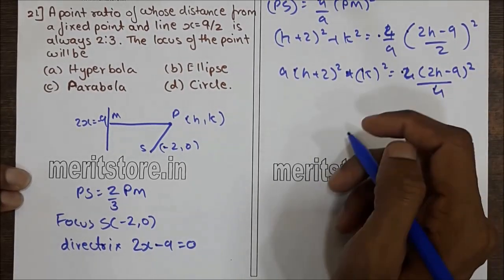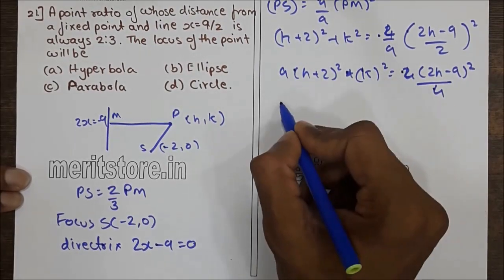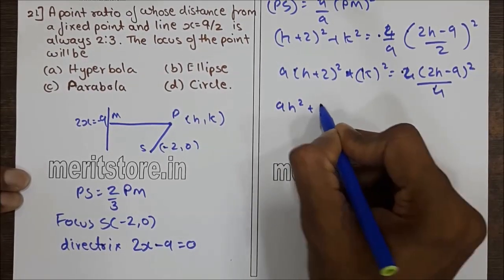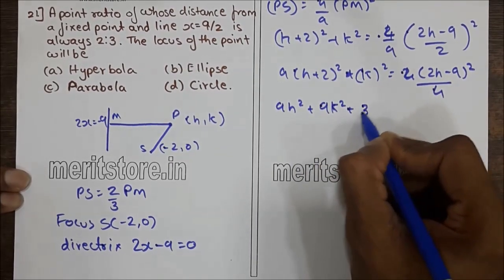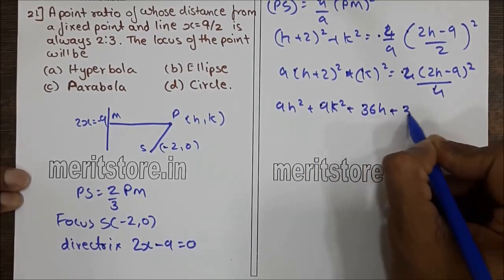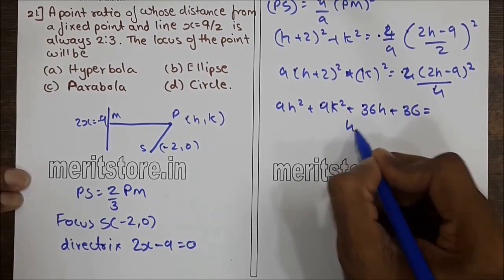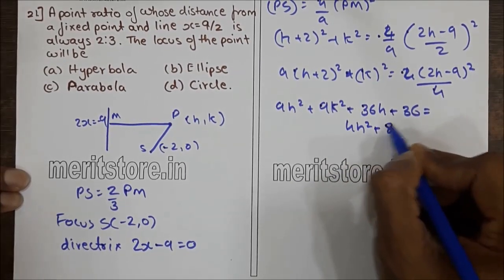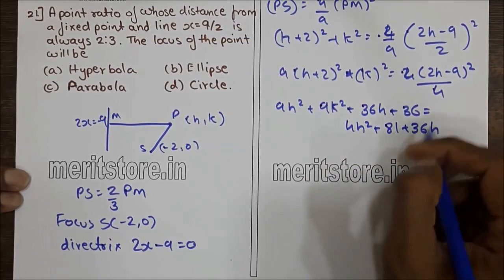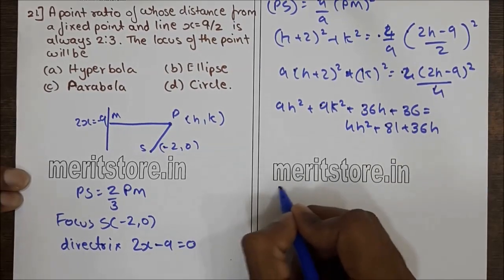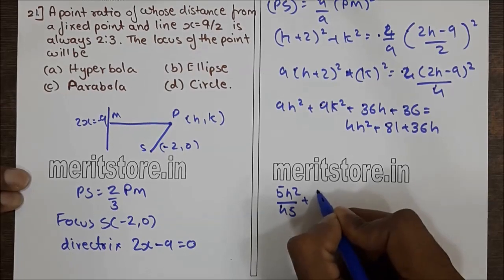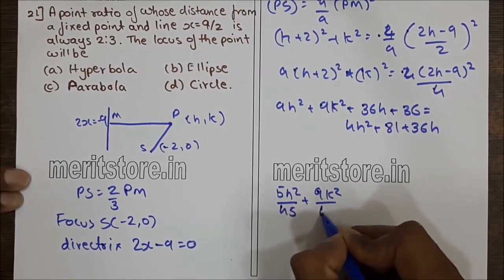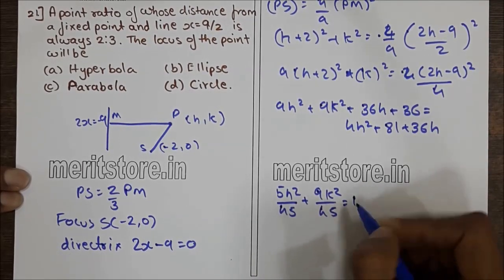Further solving, the 4s get cancelled. Solving the bracket, we get 9h² + 9k² + 36h + 36 = 4h² + 81 + 36h. Solving this further, we get 5h²/45 + 9k²/45 = 1.